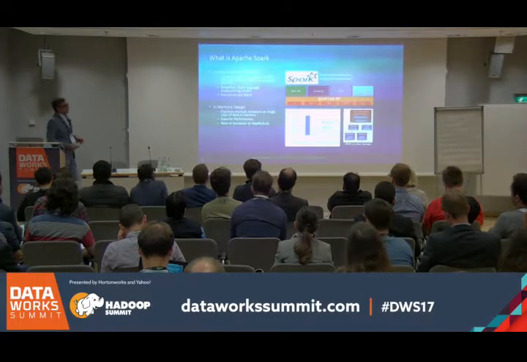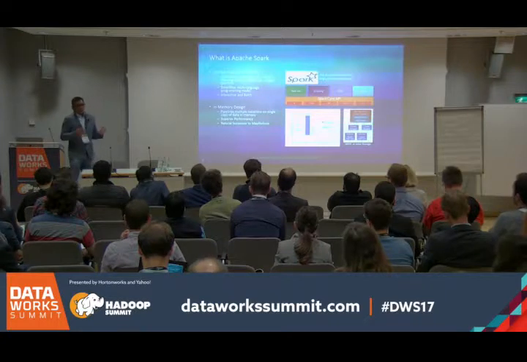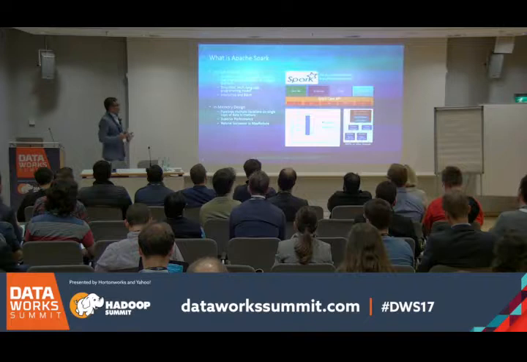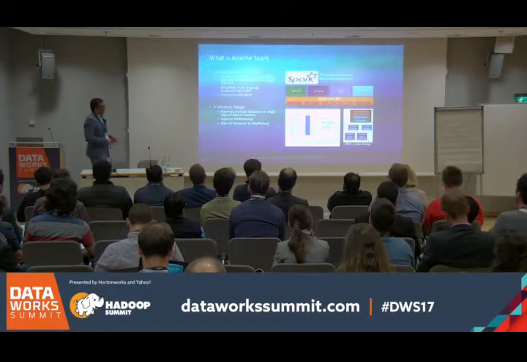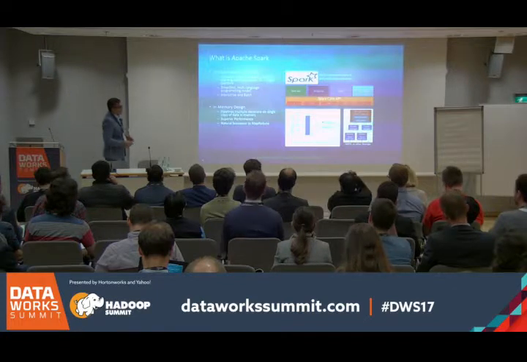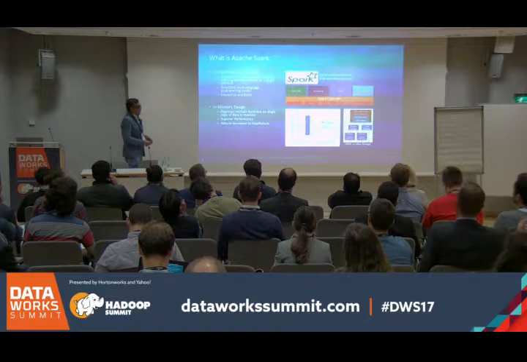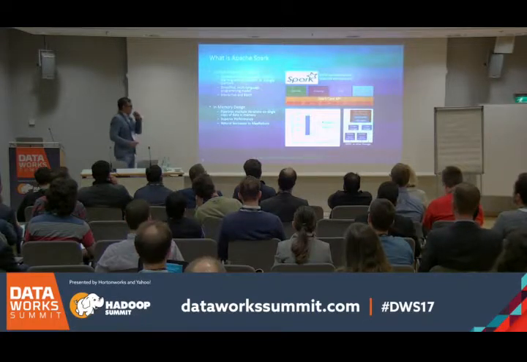So first, to level set, Spark, I think most of you are aware, it's in-memory analytics, interactive and batch style of analytics. And there are many libraries that are included within Spark. In particular, I'm going to talk about the MLlib, which is the machine learning library.